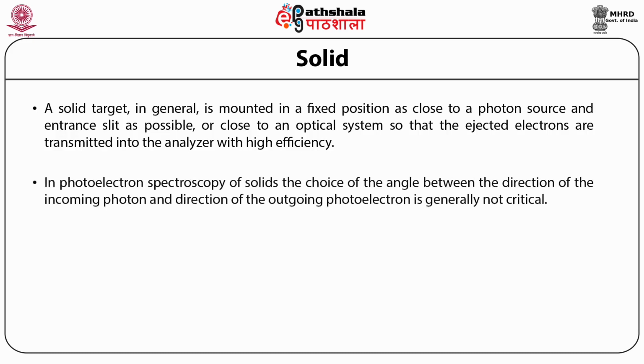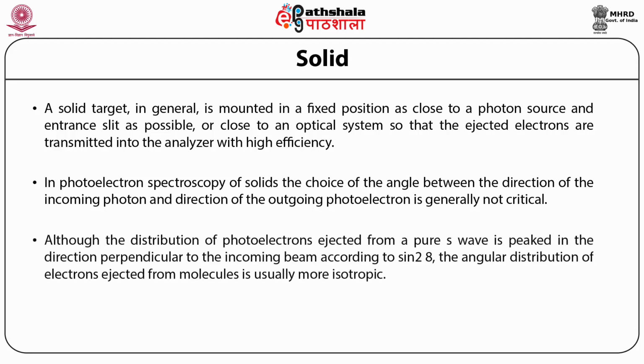In photoelectron spectroscopy of solids, the choice of the angle between the direction of the incoming photon and the direction of the outgoing photoelectron is generally not critical. Although the distribution of photoelectrons ejected from a pure S wave is peaked in the direction perpendicular to the incoming beam, according to sin²θ, the angular distribution of electrons ejected from molecules is usually more isotropic.